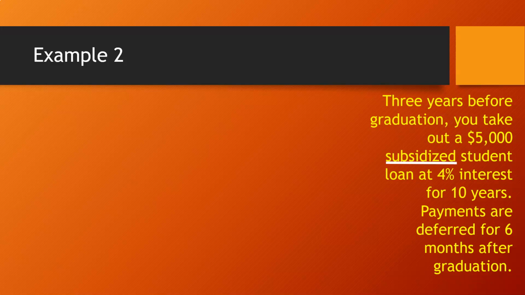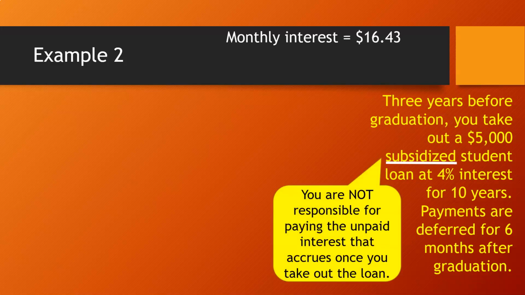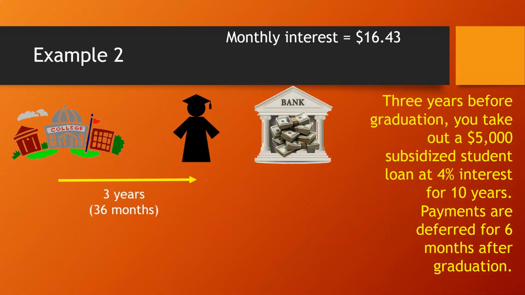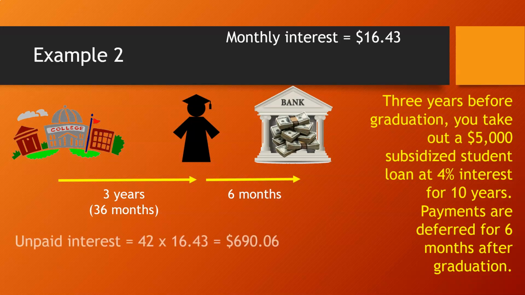This time we have a subsidized student loan, which means that that monthly interest of $16.43 isn't something you're going to be paying back. Somebody else is. So that time between college and graduation, the 36 months, and the time between graduation and when you have to start paying the loan back, the 6 months, is still the same 42 months.